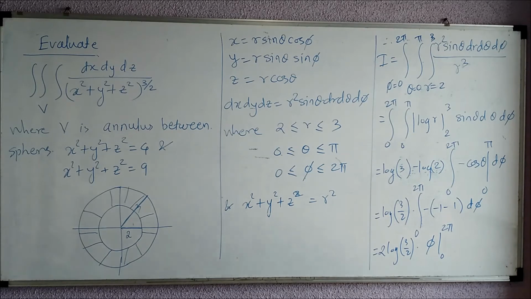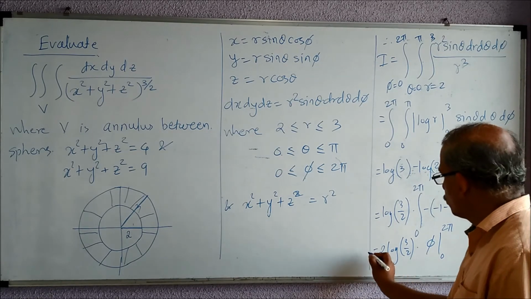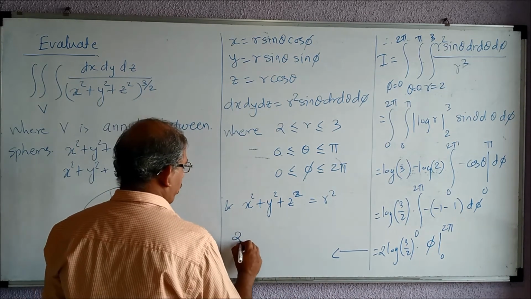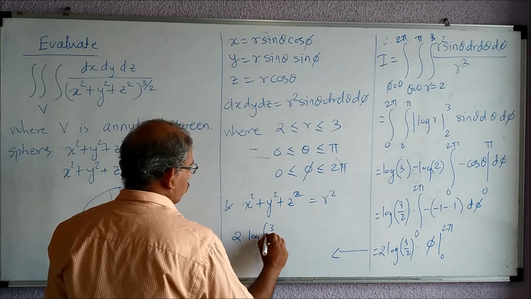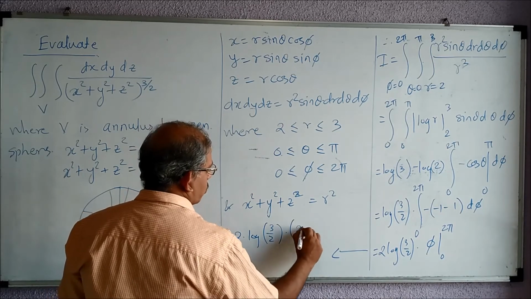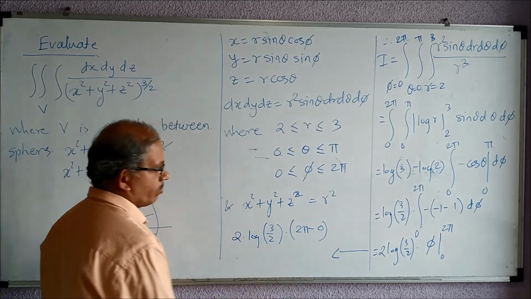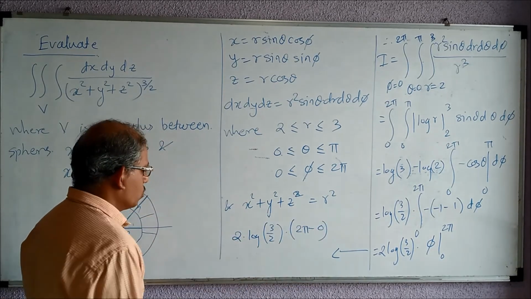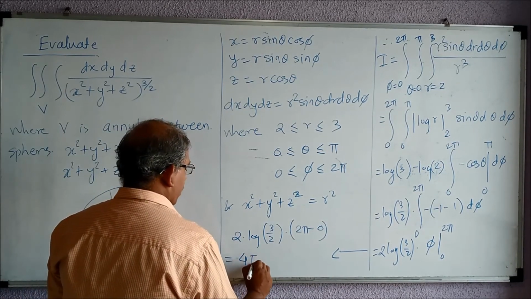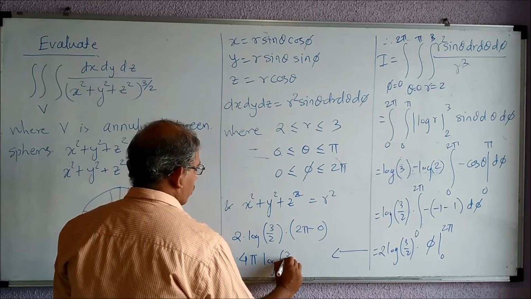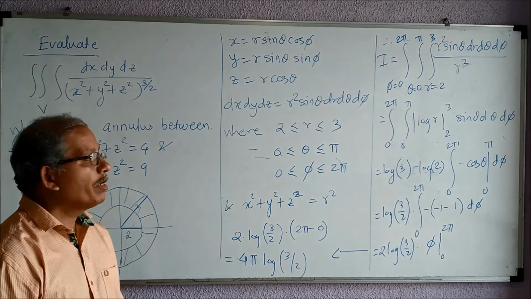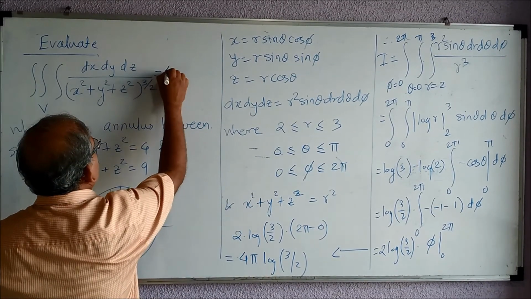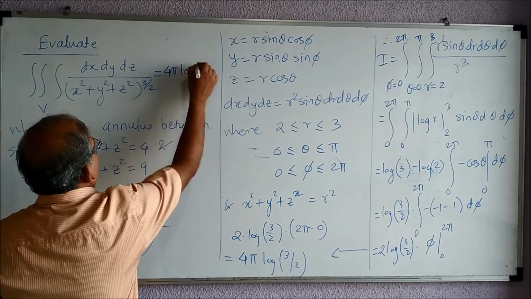If you calculate this, it is 2 into log of 3 by 2 into 2 pi minus 0, so I will write this as 4 pi log 3 by 2. So we have solved this integration; its value is 4 pi log 3 by 2.